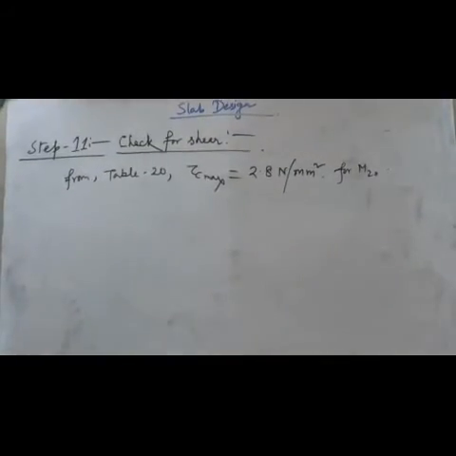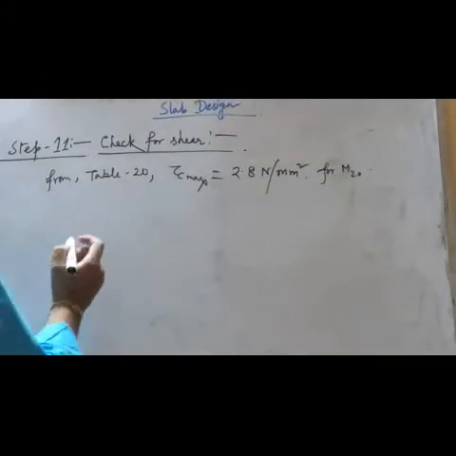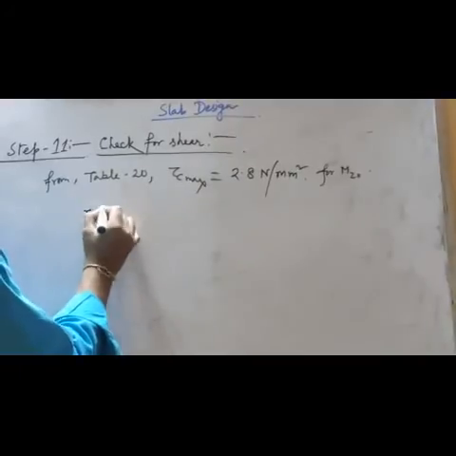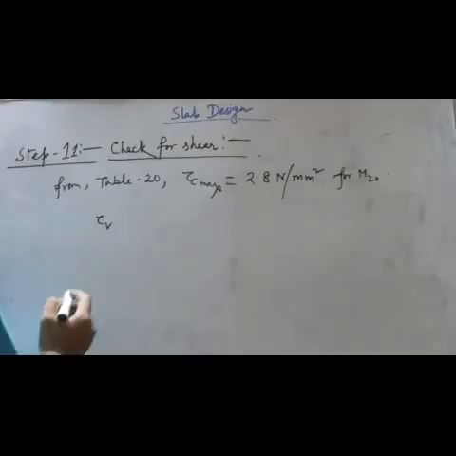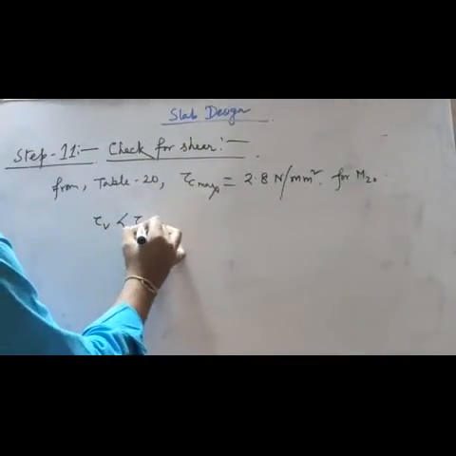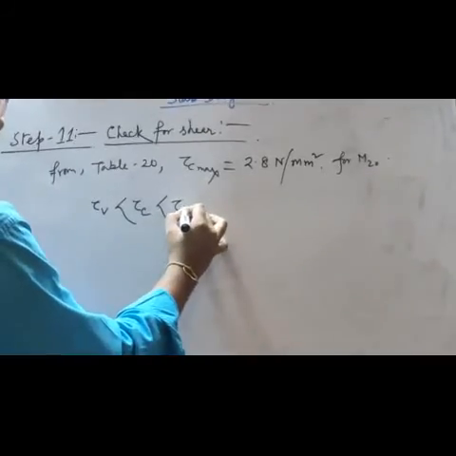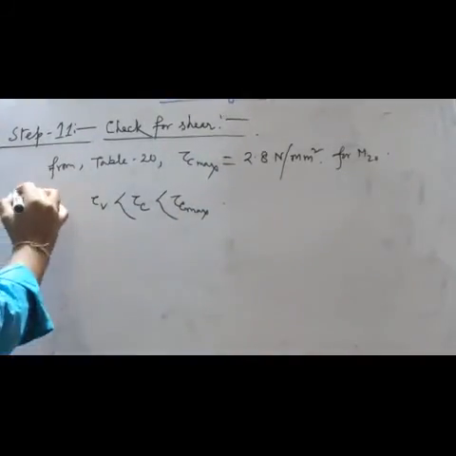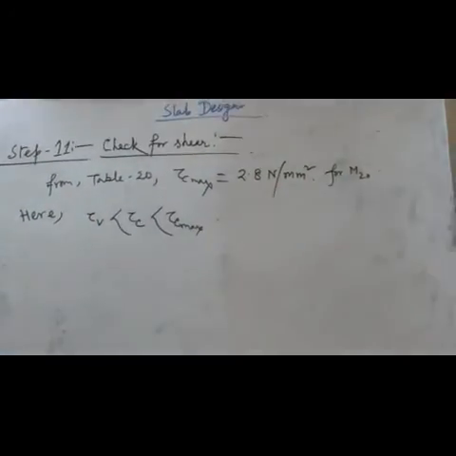Okay, so the three values we have calculated: first one is tau c, second one is tau c max, and third one is tau v. We can write a relation between them: tau v less than tau c less than tau c max.